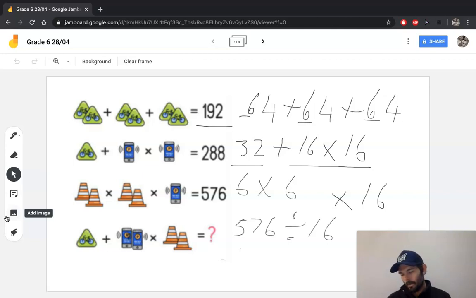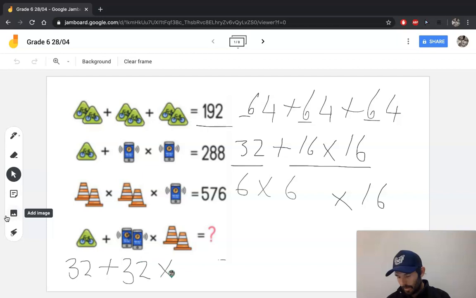Okay, and now all that's left for me to do is to plug in my values. So I know that's 32. Okay, I know that one mobile phone or parking device or whatever it is is 16. So 2 of them must be 32. And then I multiply by 6.